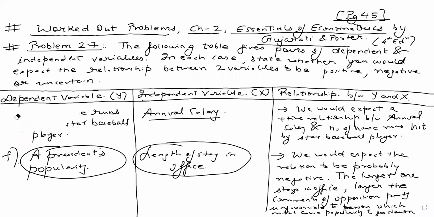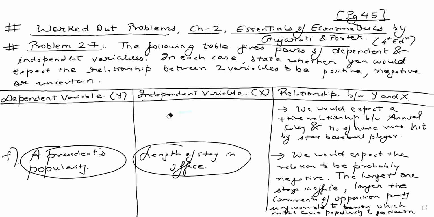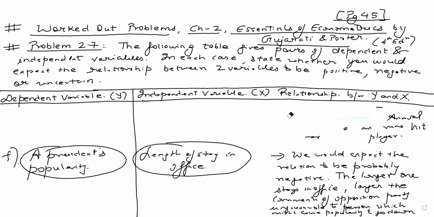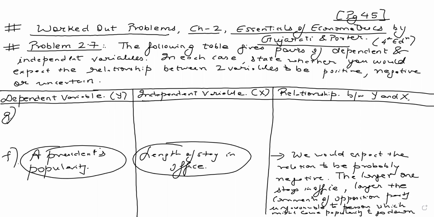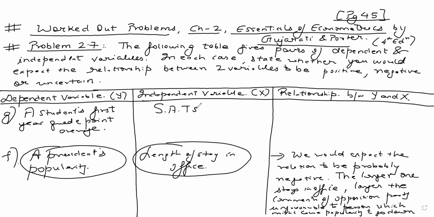Okay, let's look at part G. Erasing this part off. In part G, we are given a student's first year grade point average and his SAT score.